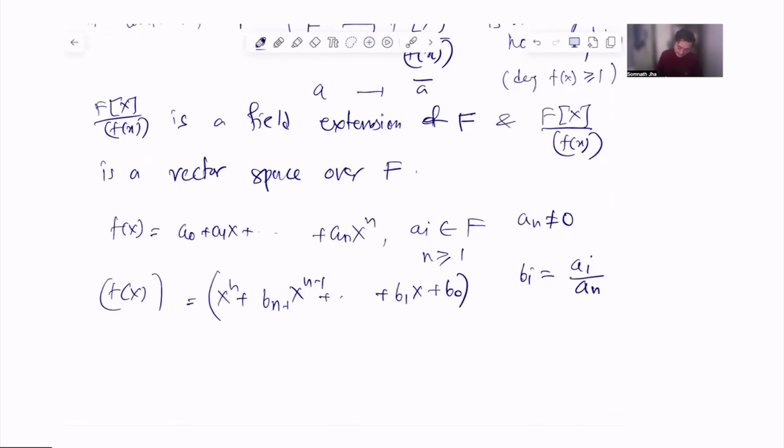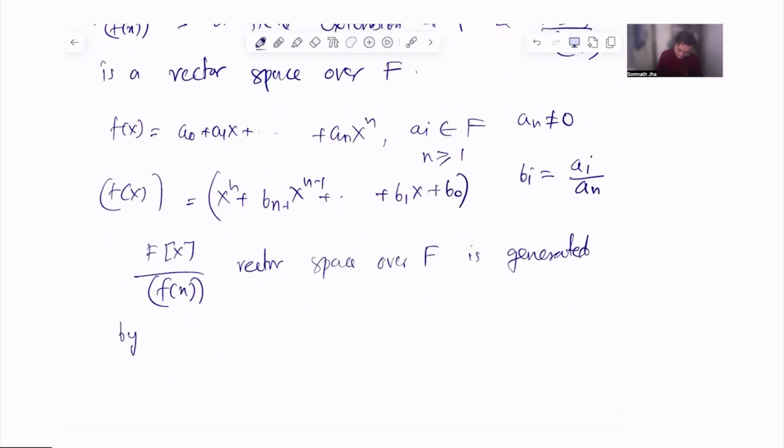So then it is easy to say that F[x] mod f(x), this vector space over F, is generated by 1 bar, x bar, up to x to the power n minus 1 bar.